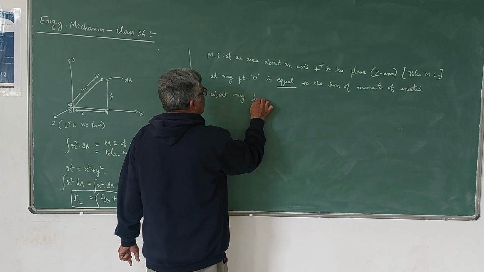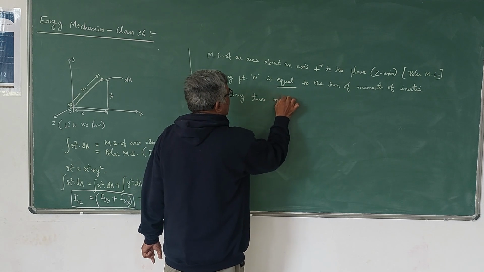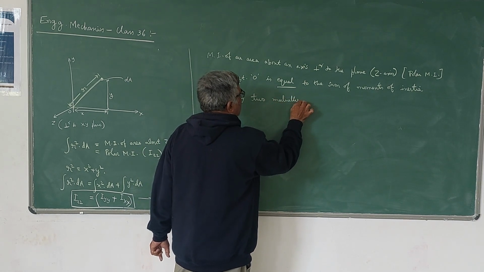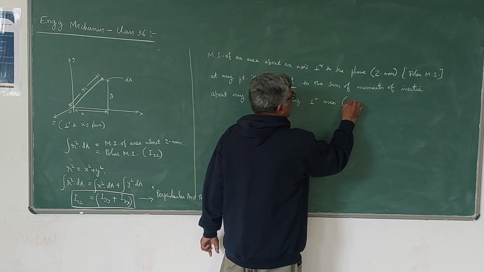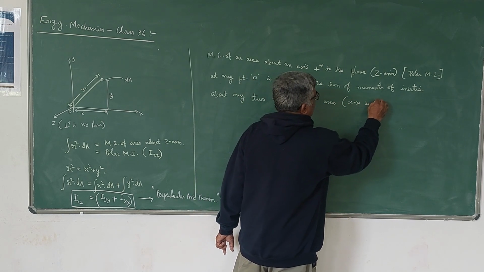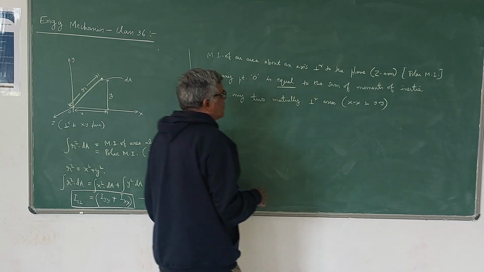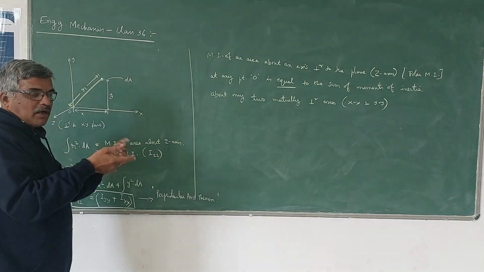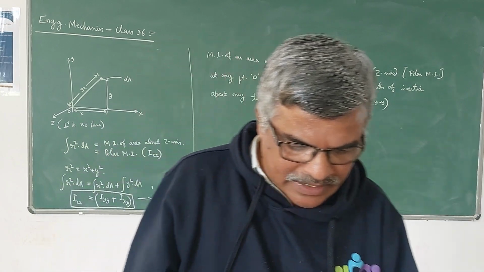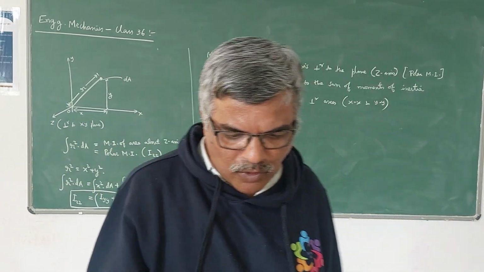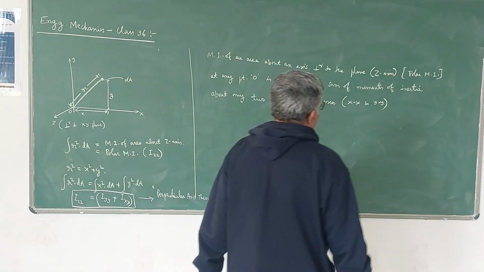Mutually perpendicular means here it is x-axis and y-axis. So those two are mutually perpendicular and both of them are perpendicular to z-axis. Mutually perpendicular axes through the same point O and lying in the same plane.